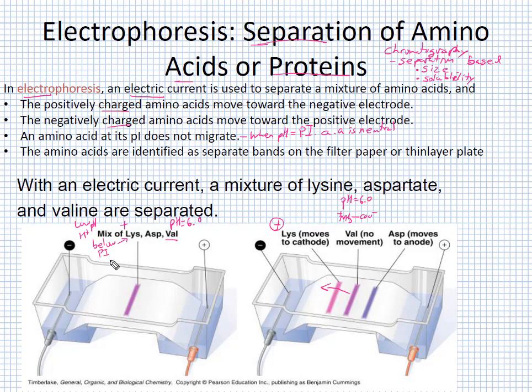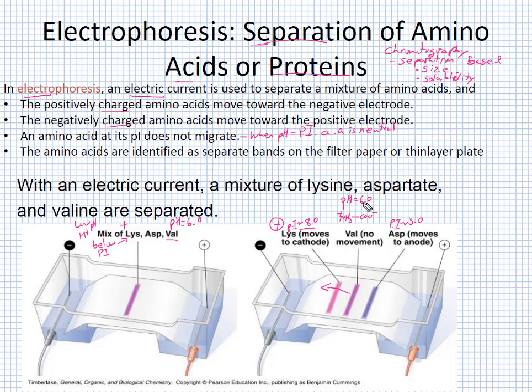I'm going to have to double check on that. But here we are at a pH of 6, which is below the pI, so it becomes positively charged. But for aspartic acid, I believe the pI is about 2 to 3. We'll just say 3 to be safe.